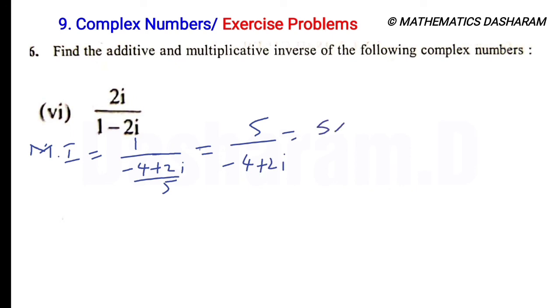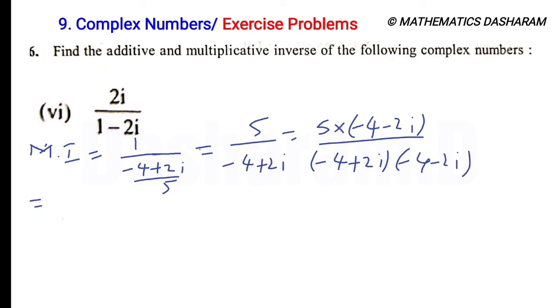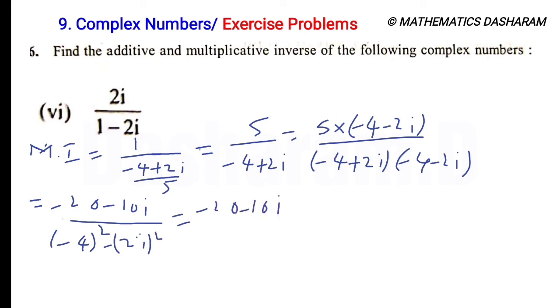So 5 multiplies with minus 4 minus 2i and the denominator also multiplies with the same term, minus 4 minus 2i. So 5 into minus 4 is minus 20, 5 into minus 2 is minus 10i, divided by (minus 4) whole square minus (2i) whole square. So minus 20 minus 10i by 16 plus 4.